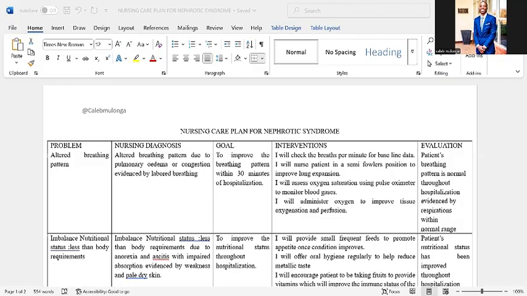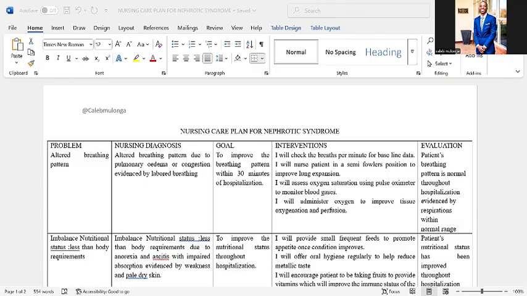Interventions. Number 1, I will check the respirations per minute for baseline data. Number 2, I will nurse the patient in a semi-Fowler's position to promote lung expansion. Number 3, I will assess the oxygen saturations using a pulse oximeter to monitor blood gases.